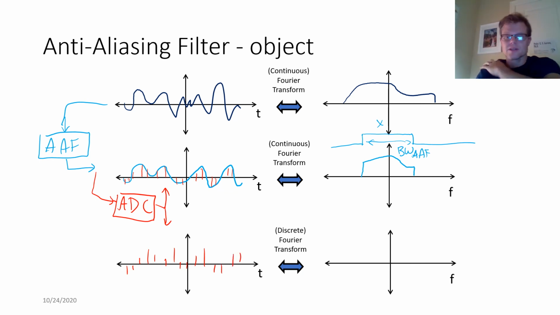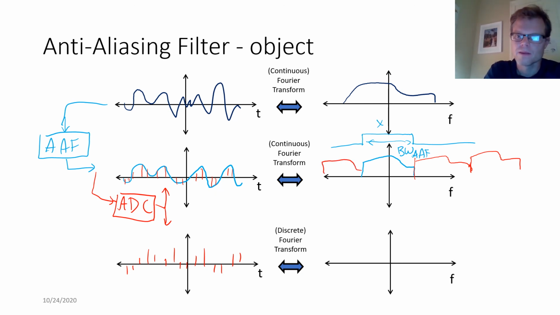And if we look at this in the continuous Fourier transform interpretation, these replicas, again, will not interfere with each other, since these are at these intervals of the anti-aliasing filter.